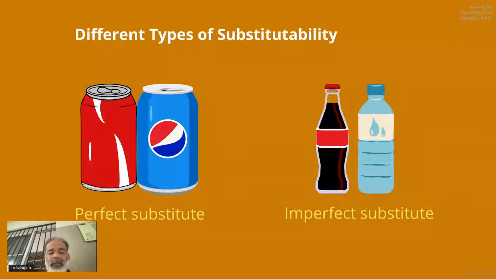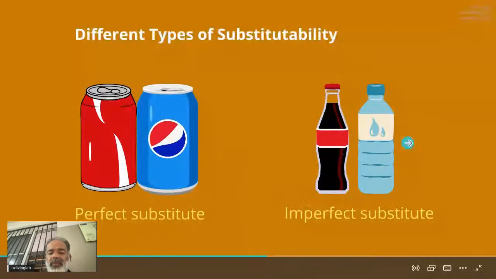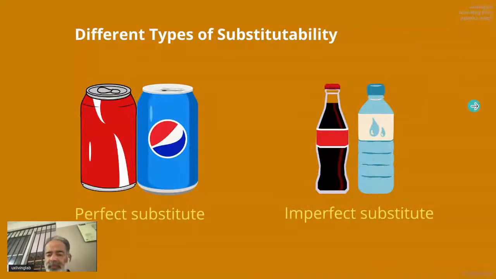For example, soft drink and water can be said to be substitutes, but they are imperfect since some consumers will buy soft drinks at the same time they want to buy water. So the picture illustrates perfect substitute and imperfect substitute.